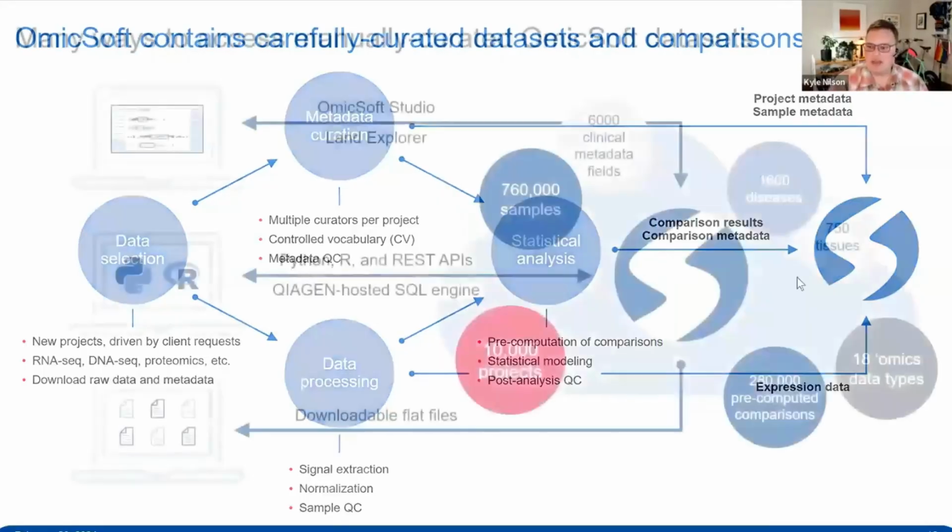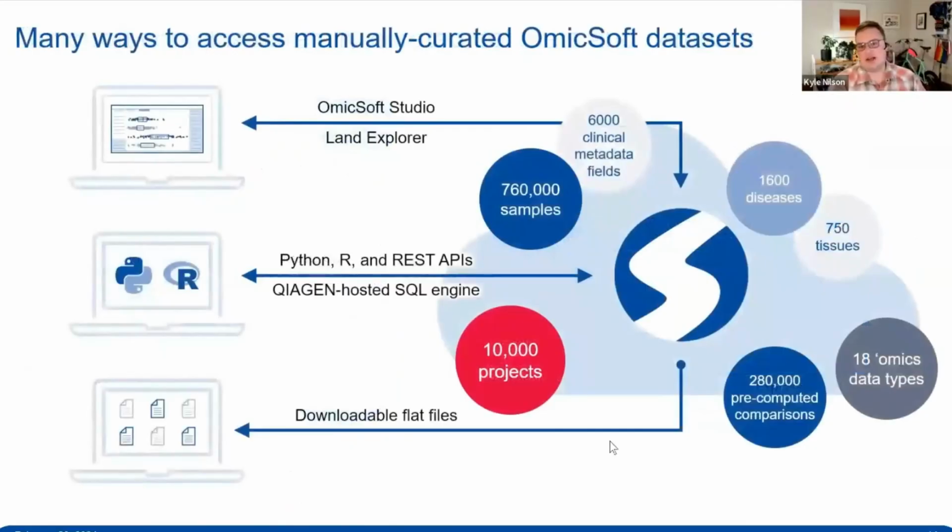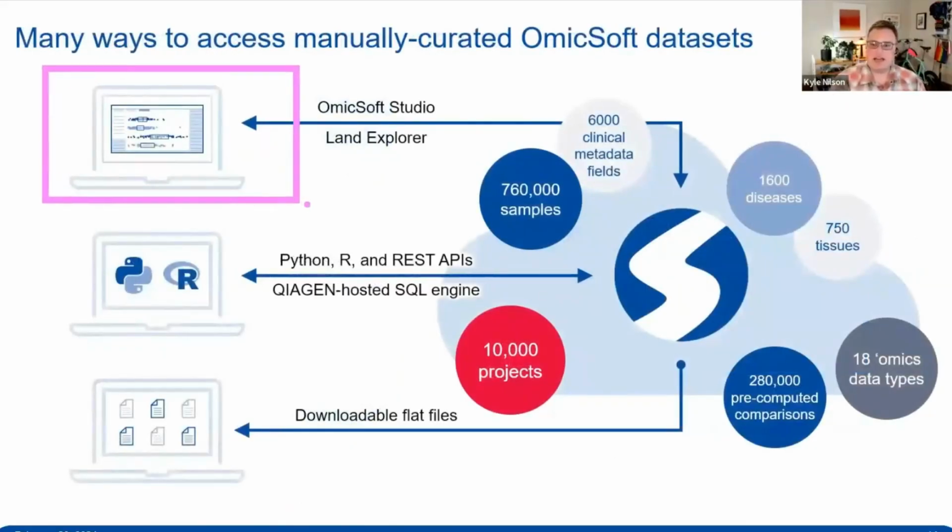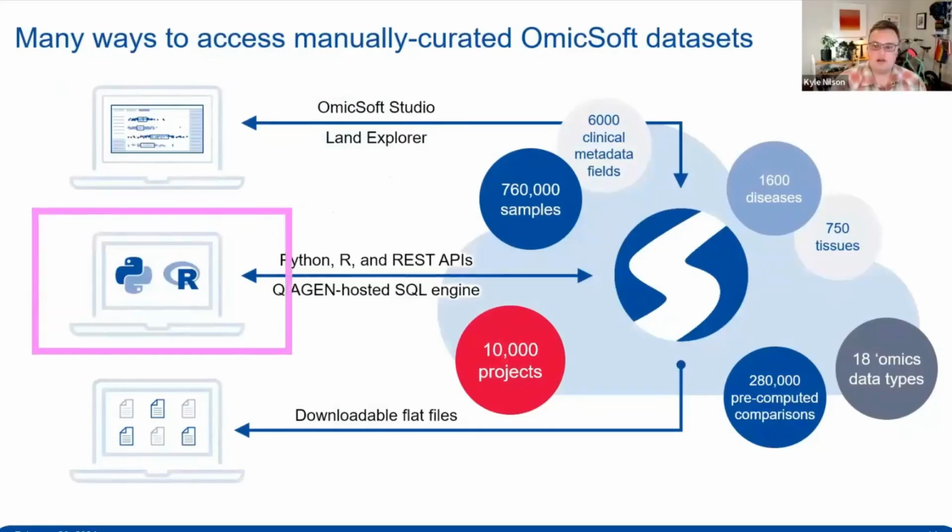And all of that information, again, we try to make available as many ways as possible. And that can be through our user interface, Omics Studio, or the website Land Explorer, or our recent Python and R offerings for accessing this by API.